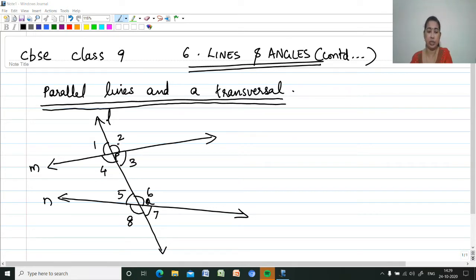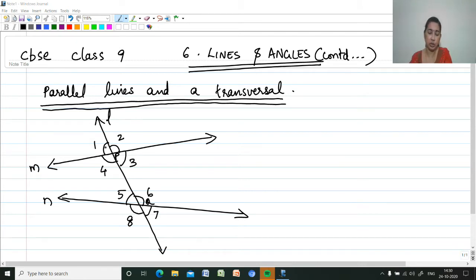A line which intersects two or more lines at distinct points. Here L intersects M and N at two distinct points P and Q. Therefore, line L is called the transversal for the lines M and N.